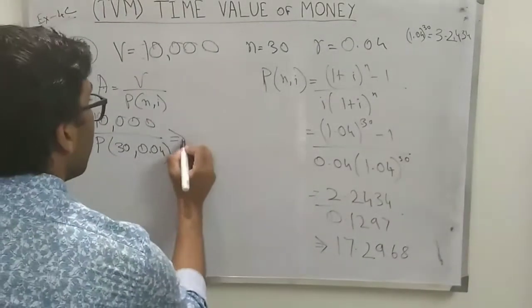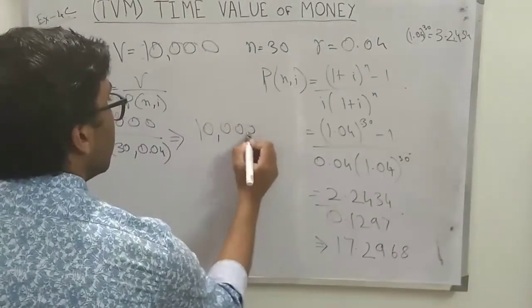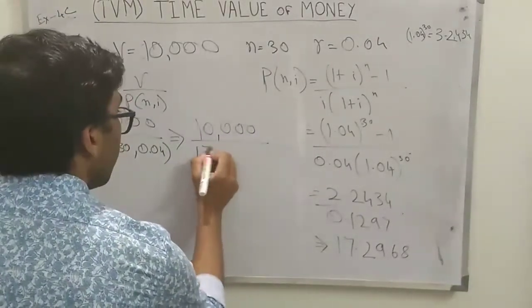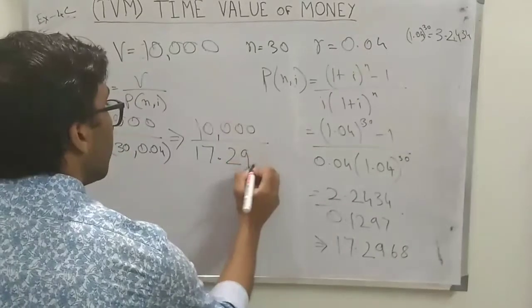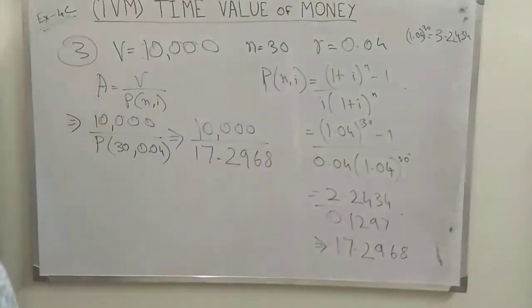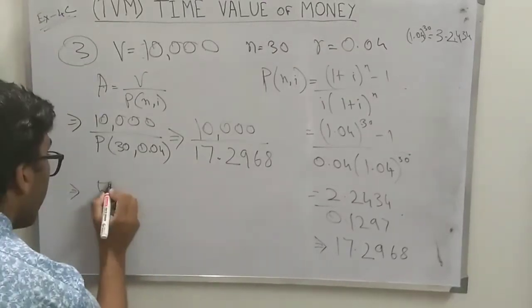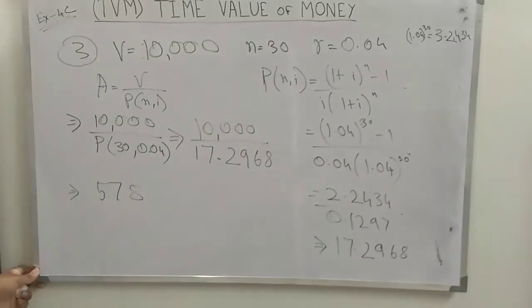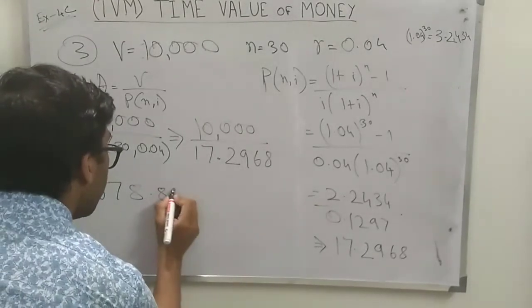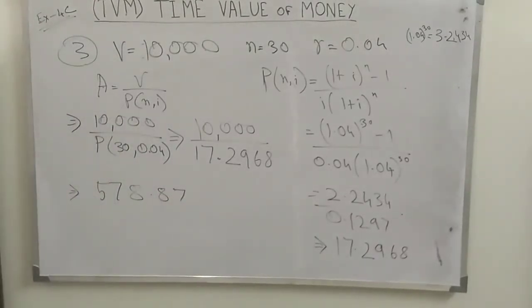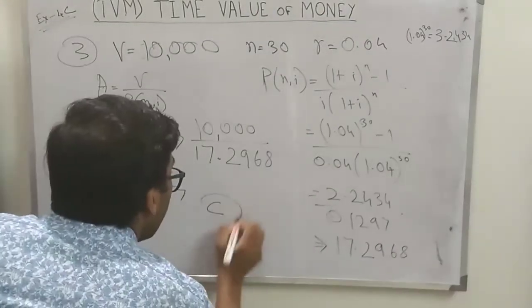That means 10,000 divided by 17.2968 is 578.87, which is option number C.